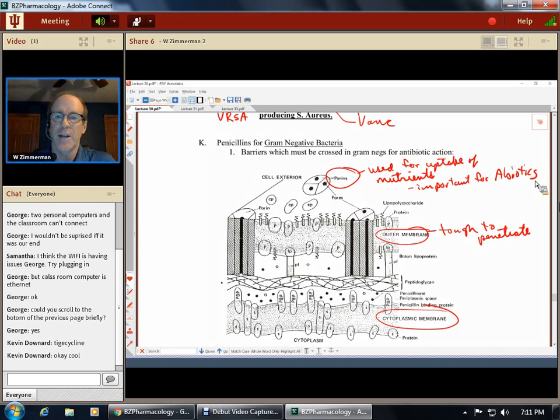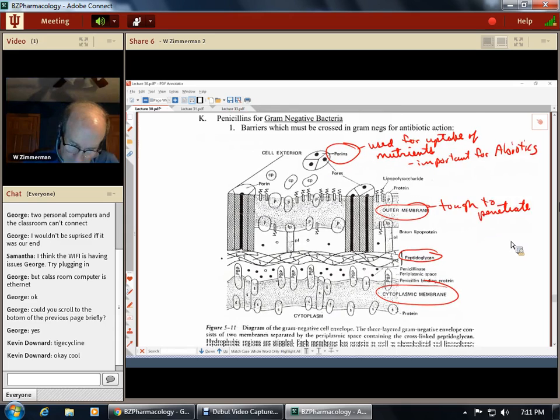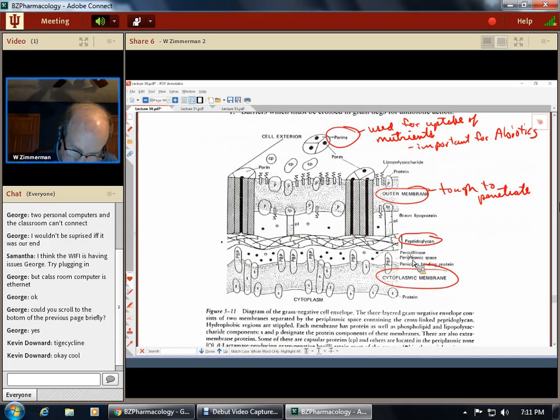But of course, once an antibiotic gets in there, if it's a cell wall inhibitor, here's the peptidoglycan. So it's there. It's not as important as it was with the gram-positives, but it's still quite important. But notice you've also got the penicillinase sitting in here. So this penicillinase protects the peptidoglycan wall.